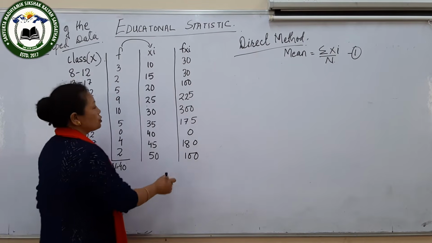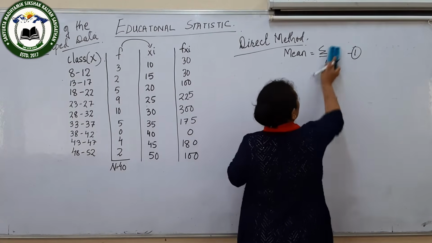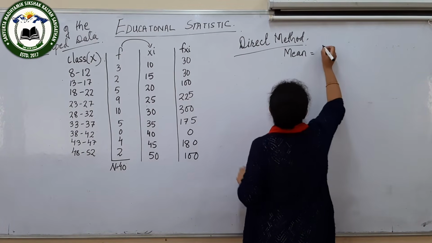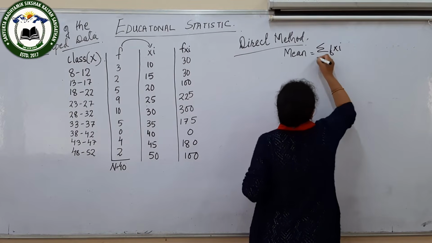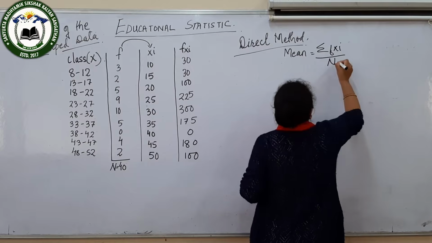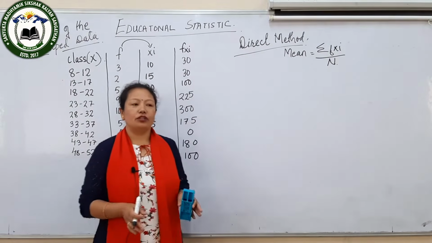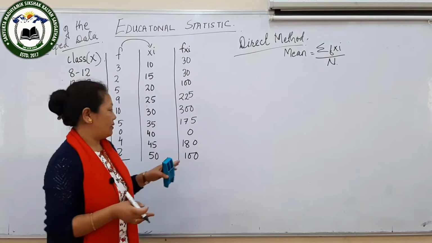Now what you do, we need to apply this in the formula, that is sigma fxi divided by n. So this is our direct method to find out the mean of the grouped data.